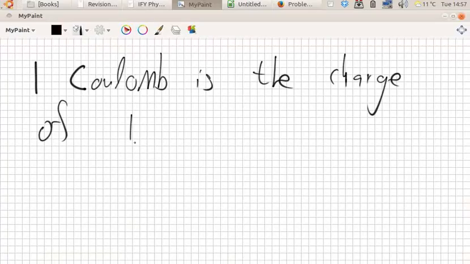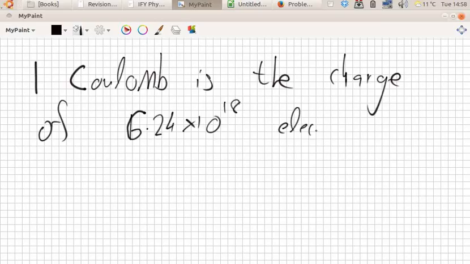you could say 1 Coulomb, this is number 7 now. 1 Coulomb is the charge of reciprocal X. What did you say?